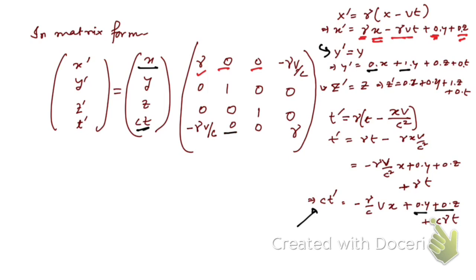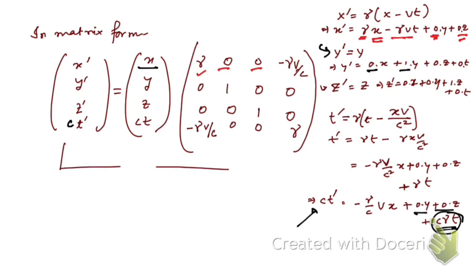Then the coefficient of z is 0. Then the coefficient of ct, this last term, is gamma ct, here gamma. Okay, I forgot to write the c here actually, this c should be written here also.